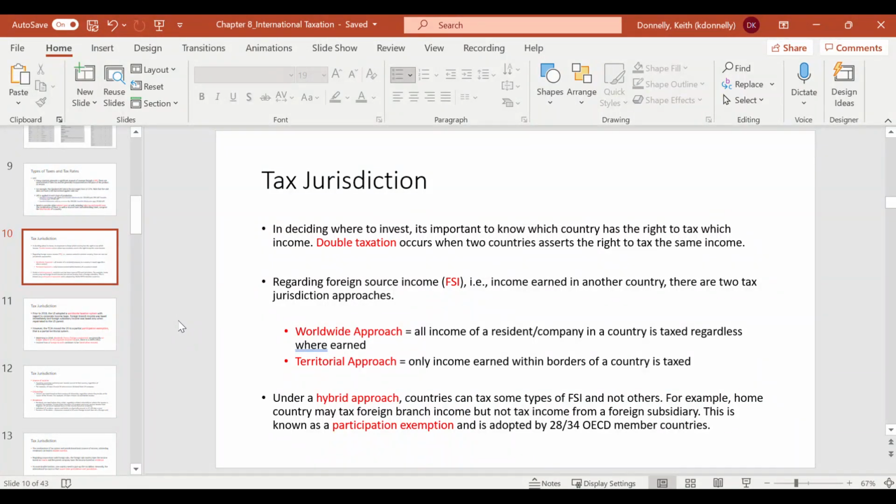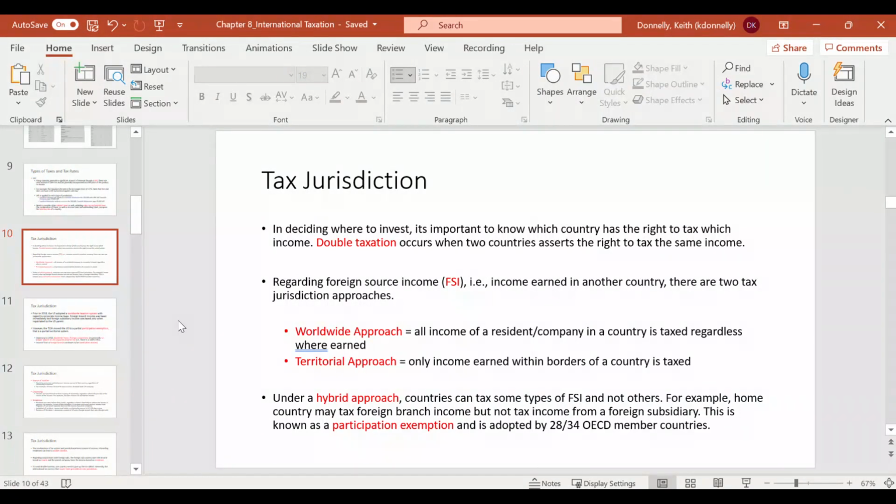There's a number of different ways we can resolve it or work around it, but that's the problem, right? Now, if we're talking about foreign source income, FSI, namely income earned in another country, so you're the U.S. person and you make income in Germany, the FSI there would be German income. There's two approaches to it for FSI. You have the worldwide approach, which is generally just the United States.